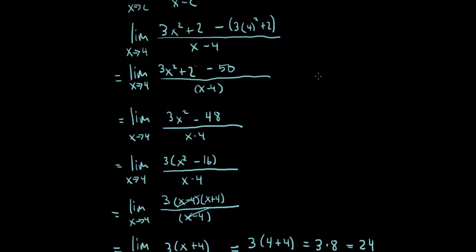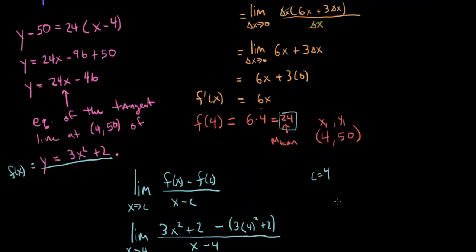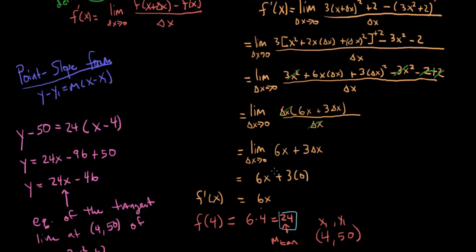Let's say we wanted two different slopes. Well, you would have to do this entire thing two different times. That's a lot of work, okay? Because the answer here is a particular slope at a particular x value. Whereas up here, when you do the limit definition, you get a function of x.